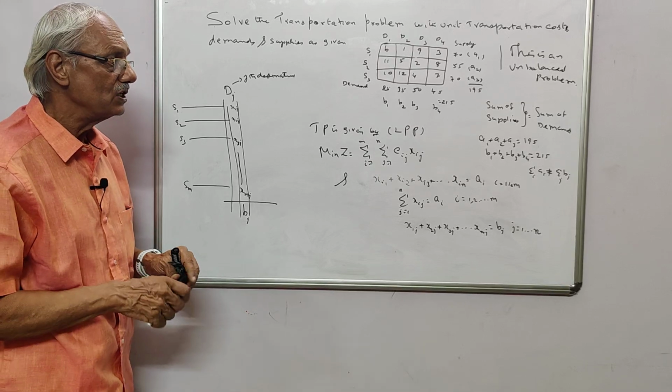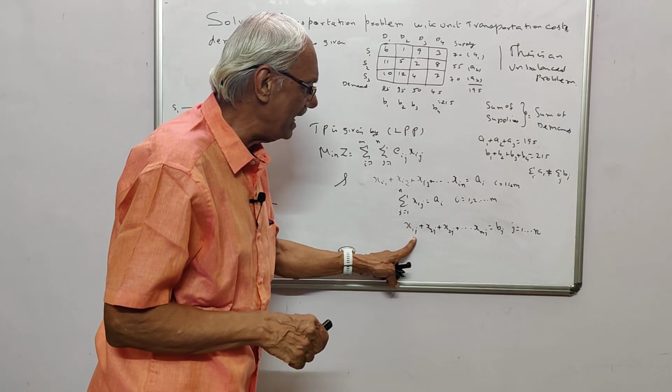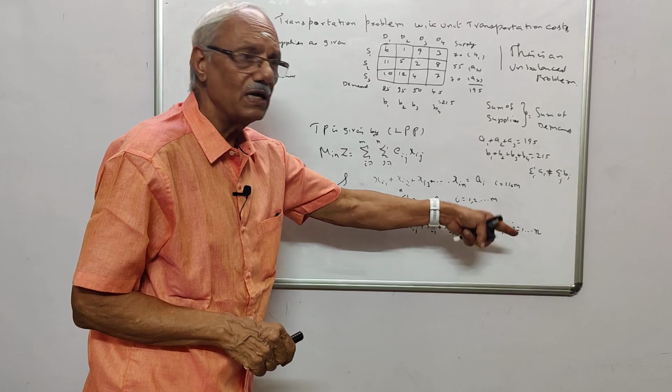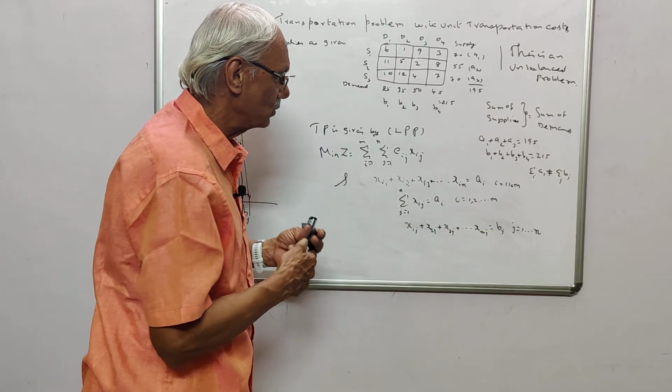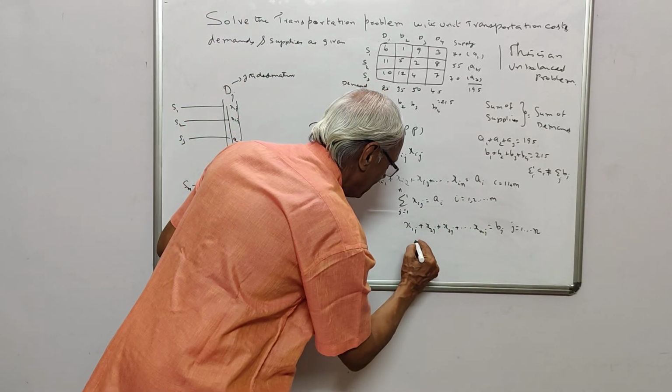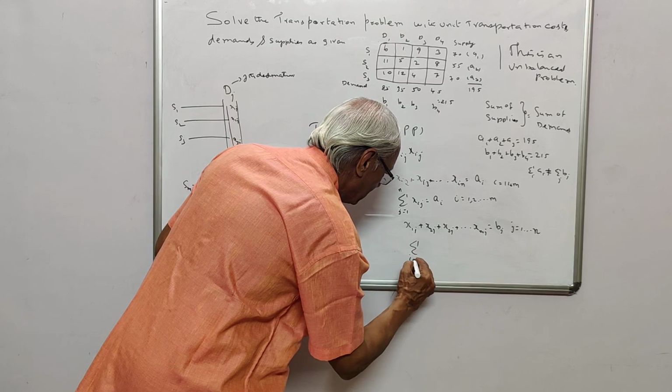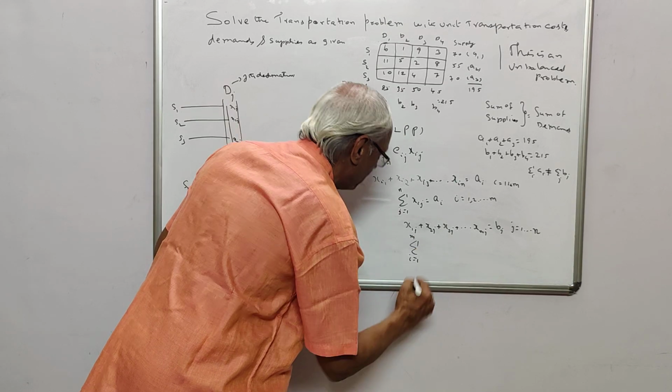Are you able to understand? So this is true for the jth destination, but it is true for all destinations. So this we write as sum over i is equal to 1 to m.